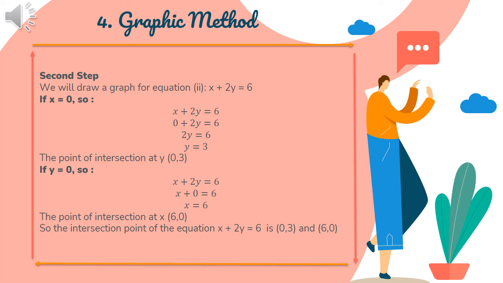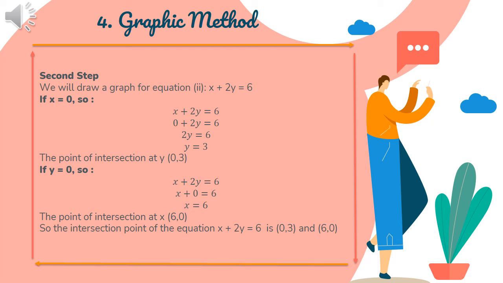Second step, we will draw a graph for the equation x plus 2y equals 6. If x equals 0, so 0 plus 2y equals 6, 2y equals 6, y equals 3. The point of intersection at y is (0, 3).